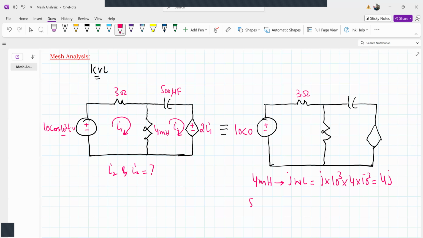Similarly, the 500 microfarad capacitor will be replaced by the impedance 1 by j omega C. That will be 1 over j times 10 to the power of 3 times the capacitance, 500 microfarad, which is 5 times 10 to the power of minus 6 farads.